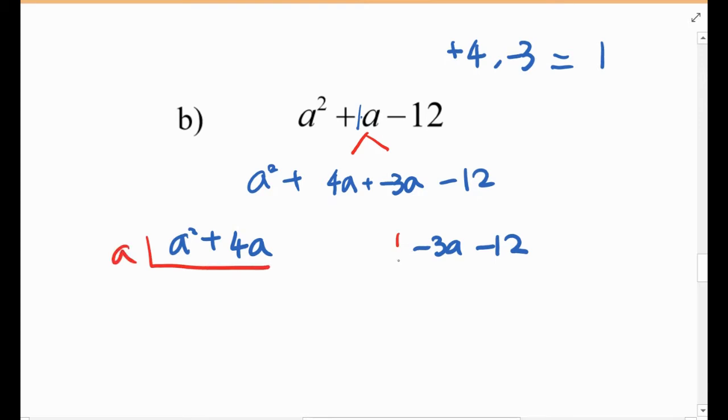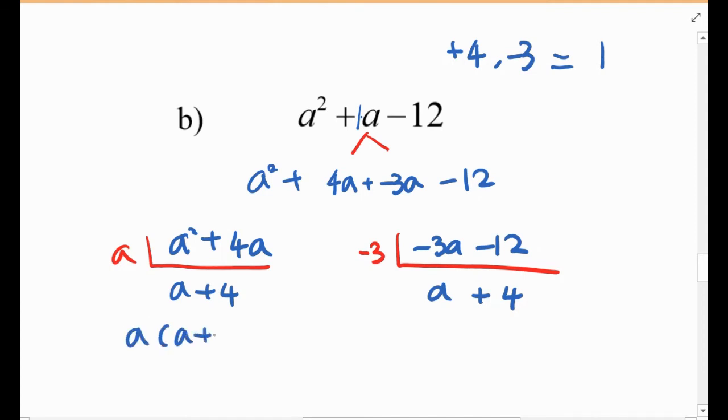Factor out a and factor out negative 3. Then a plus 4, and I have a plus 4. Negative 12 divided by negative 3 is positive 4, right? Okay, let's rewrite it. This is a times a plus 4, and minus 3, negative 3, times a plus 4.